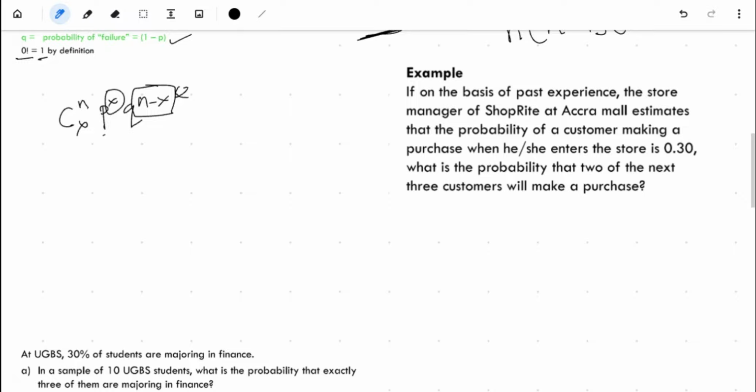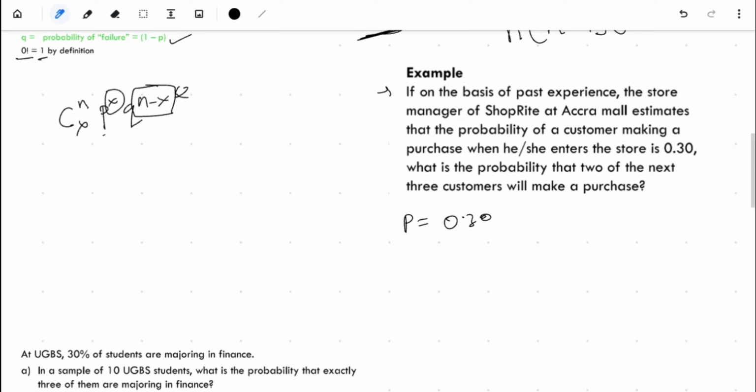Based on their past experience, the store manager estimated that the probability that a customer will buy something when they enter the store is 0.3. We know our probability is represented by p. So the probability that a customer will buy is 0.30. What is the probability that 2 of the next 3 customers will make a purchase?